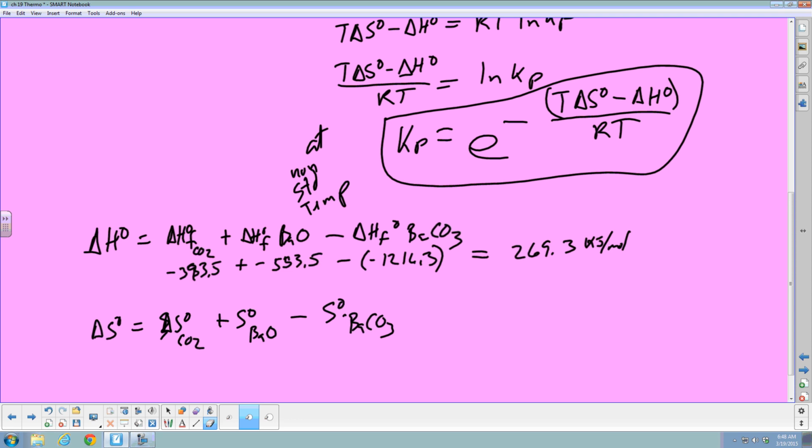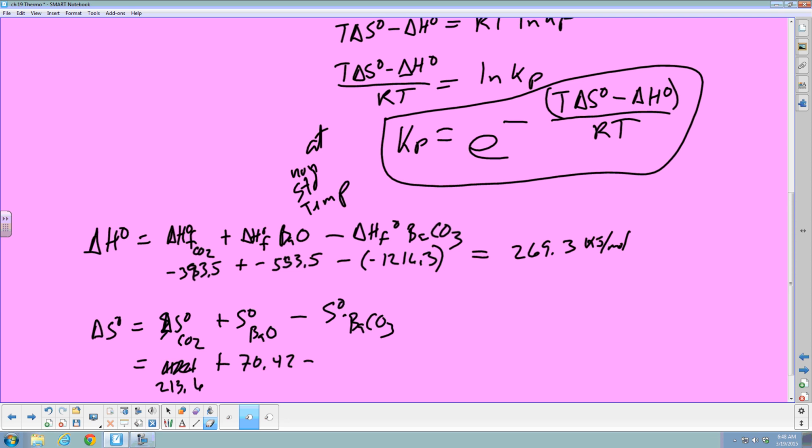On my S's, I get 112.1, a 70.42, minus, excuse me, that's not right here. This is 213.6 for my CO2, isn't it?